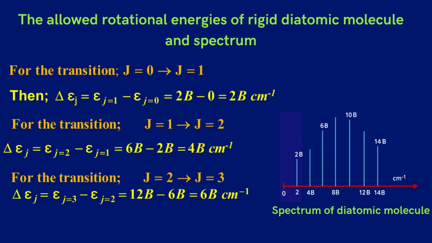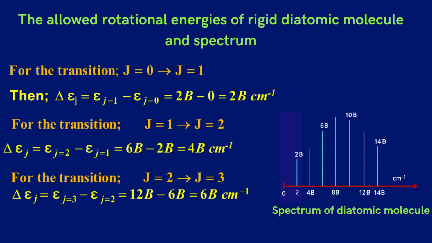Next, here we will understand the allowed rotational transitions between energy levels of a diatomic molecule and the spectrum arising from them. For this, the difference between two energy levels is calculated. For the transition J0 to J1, del epsilon J equals epsilon J1 minus epsilon J0, which is 2B minus 0, and the final difference value is 2B.